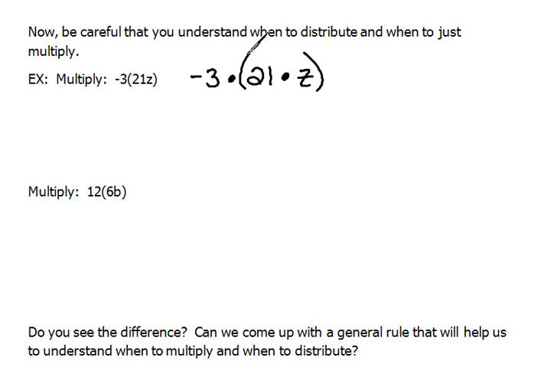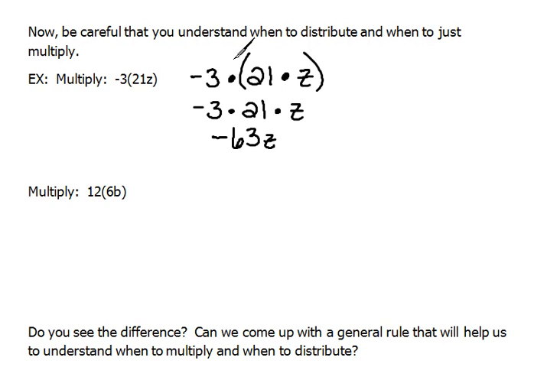Now, because multiplication is both associative and commutative, we could rearrange our parentheses here and multiply just straight through. Negative 3 times 21 times z. Well, we could multiply the negative 3 times the 21 to get negative 63 times z.